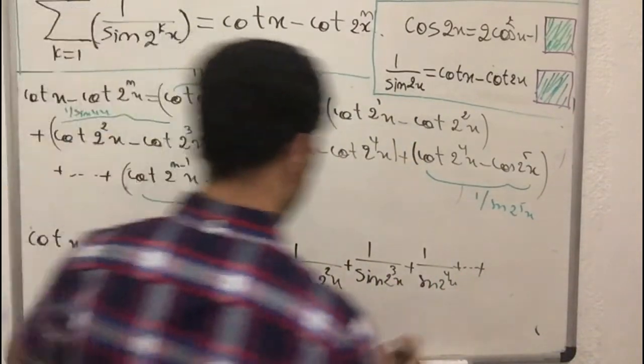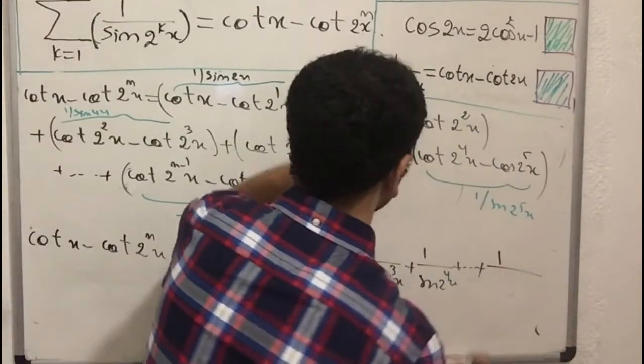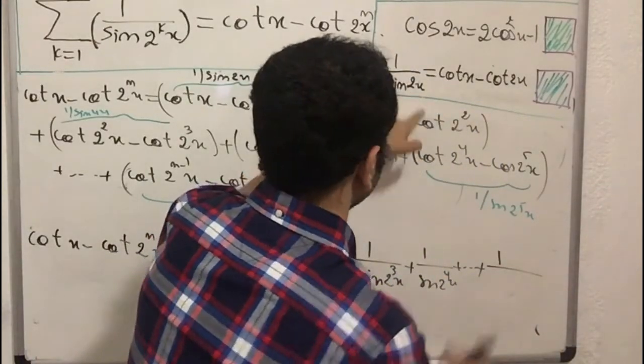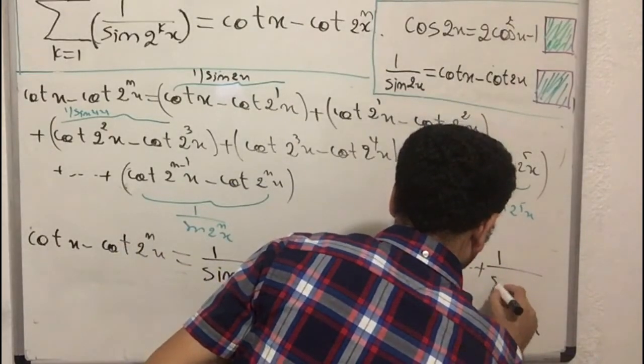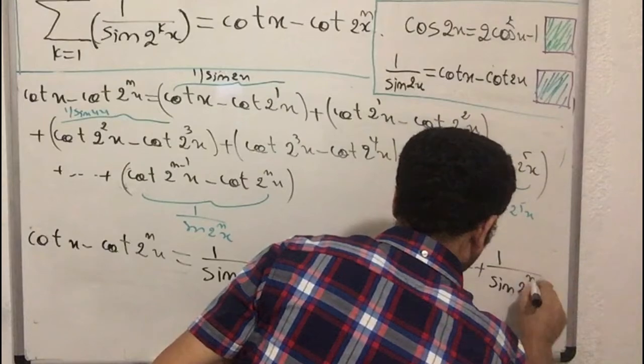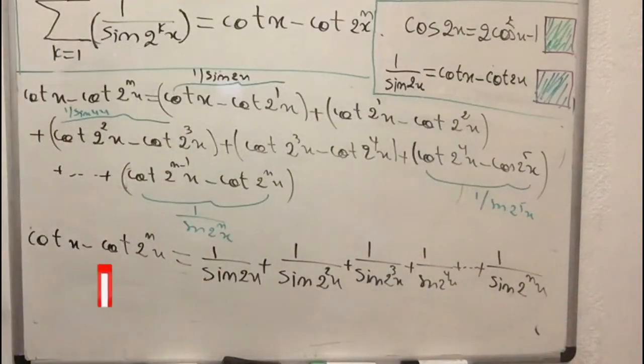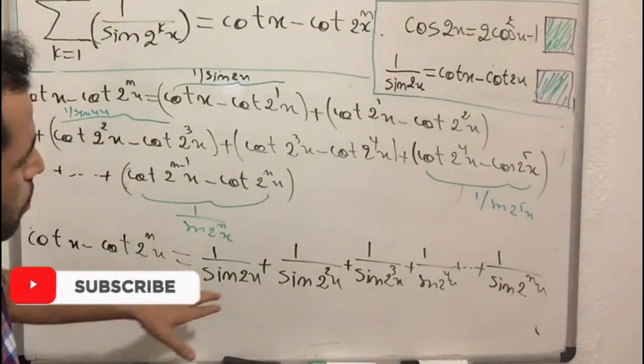The last term is 1 over sine 2 to the n x. Now my equation is proved.